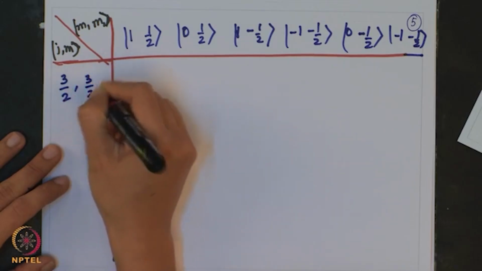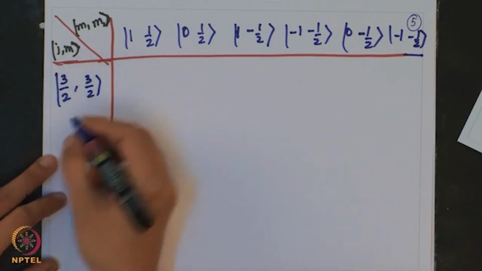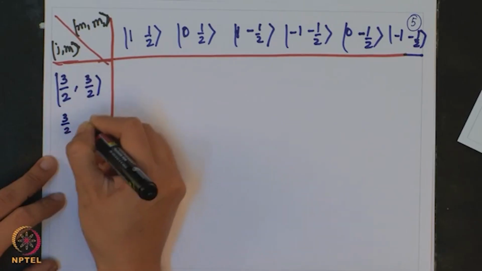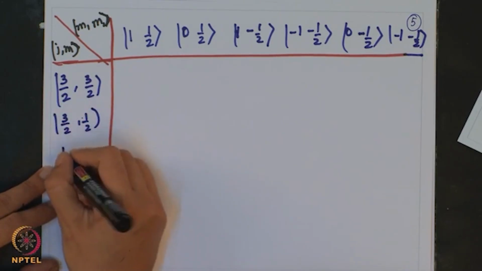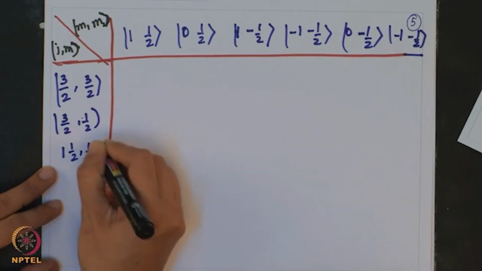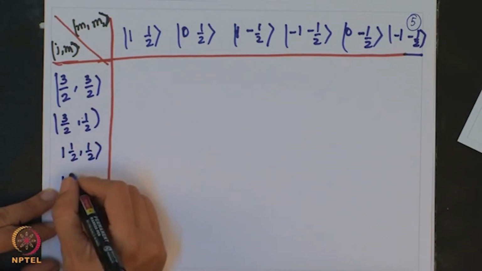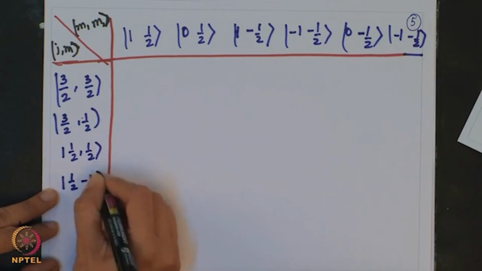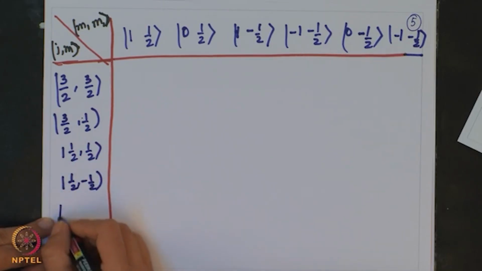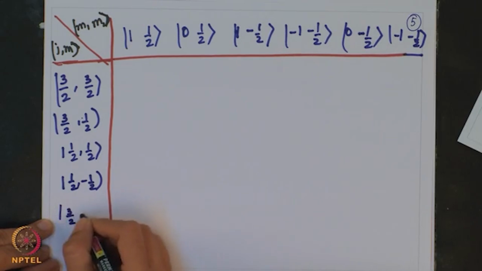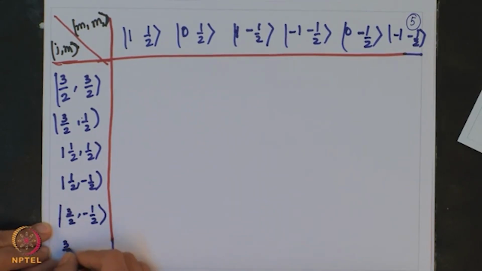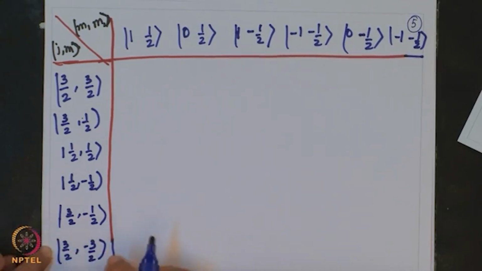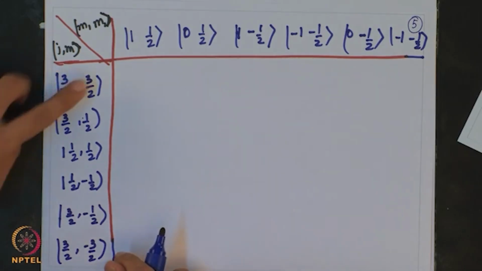So, this is 3 by 2, 3 by 2, the highest state, then I have 3 by 2, half, then half, half, then half, minus half, and then 3 by 2, minus half, then 3 by 2, minus 3 by 2. So, this is the lowest possible state, and this is the highest possible state.